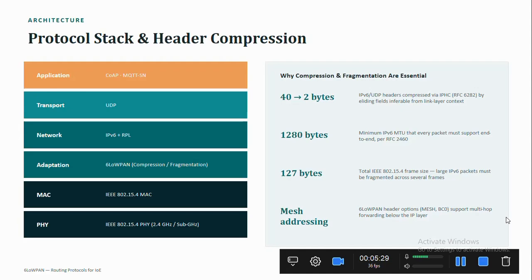So we deal with these 1280 bytes and 127 bytes together. This deals with the protocol stack and header compression: physical layer, MAC layer, adaptation layer, network layer, transport layer and application layer, and for all these layers we have an infinite form of applications available.